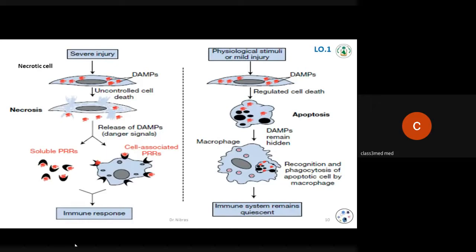In that case, it will go through regulated death by exposing a tag or mark to the immune system, in order for the immune cell to recognize this apoptotic cell.